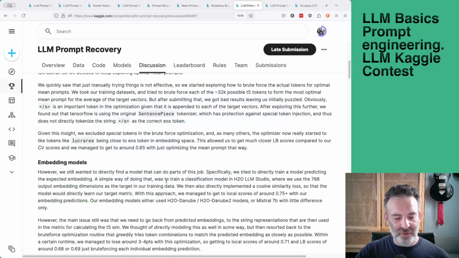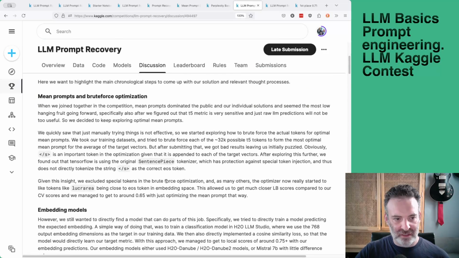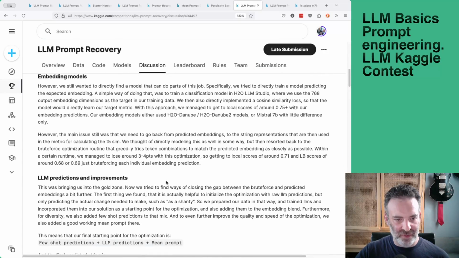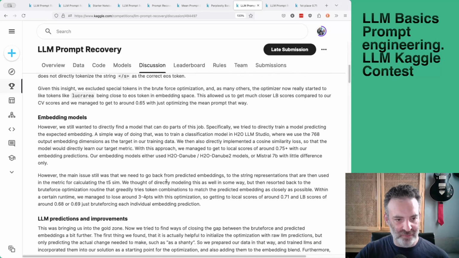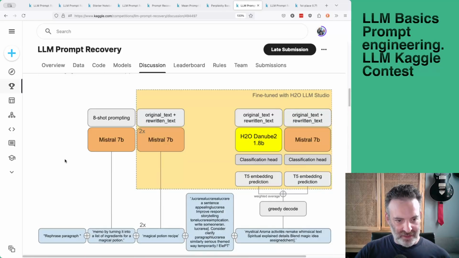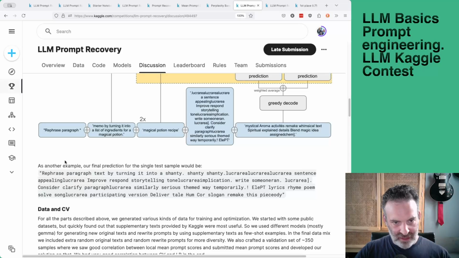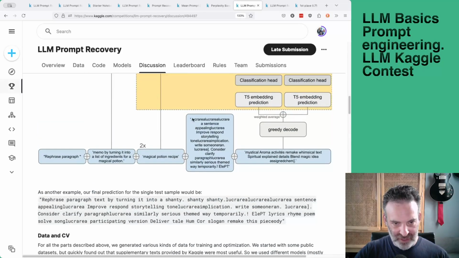Okay, moving along to the second place finisher. The interesting thing here is the prompt that he wound up with, which is fascinating.